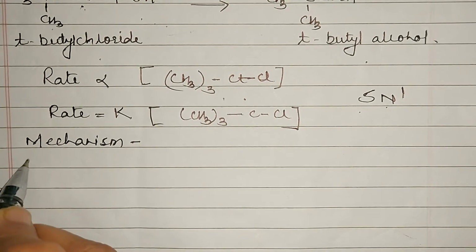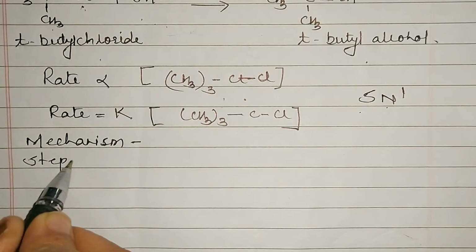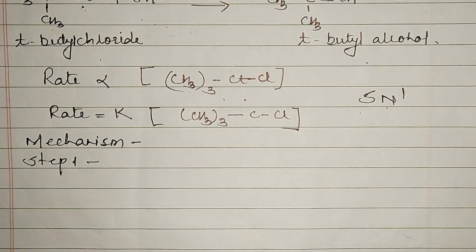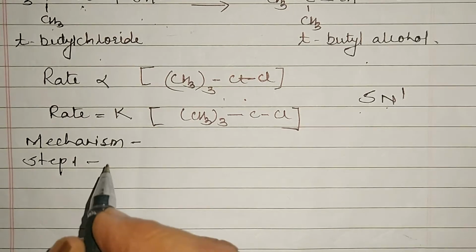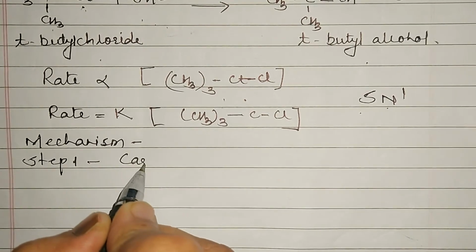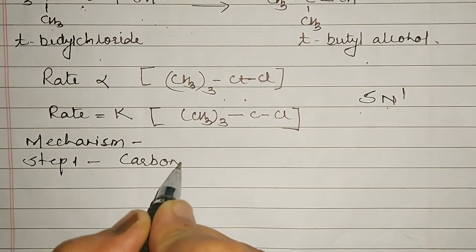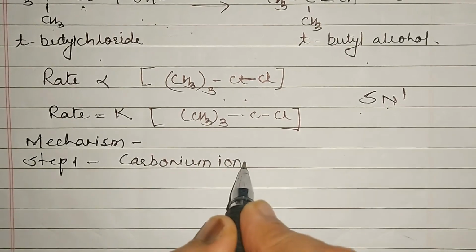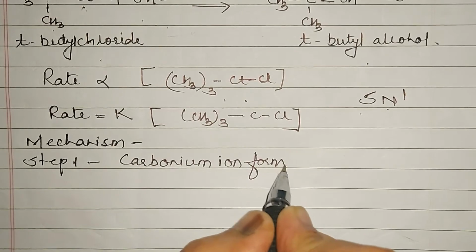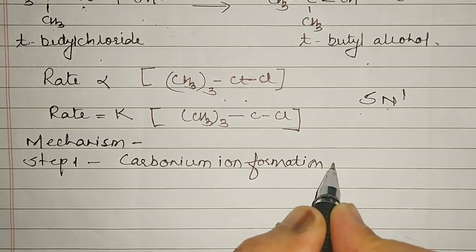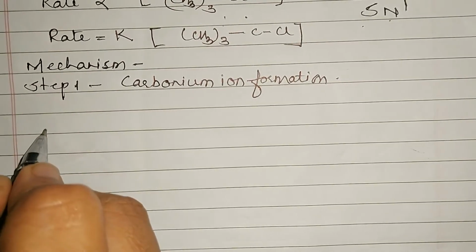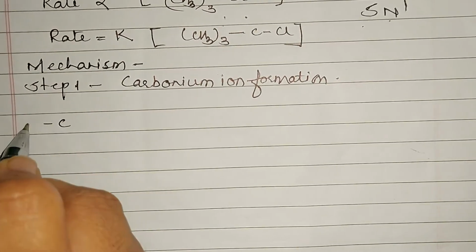In the first step, there is formation of a carbonium ion, that is, a positively charged carbon. Let's see.